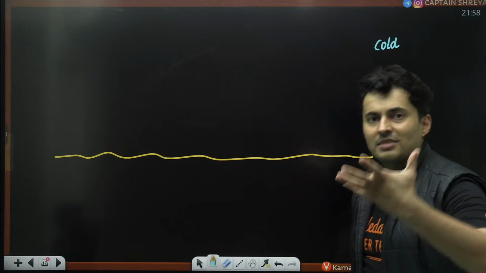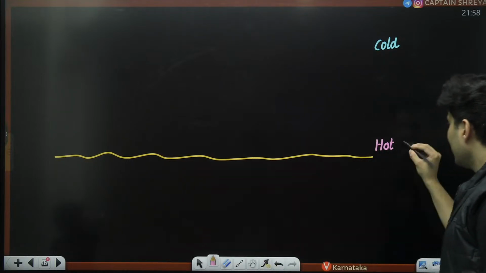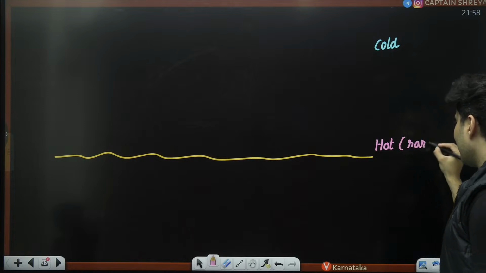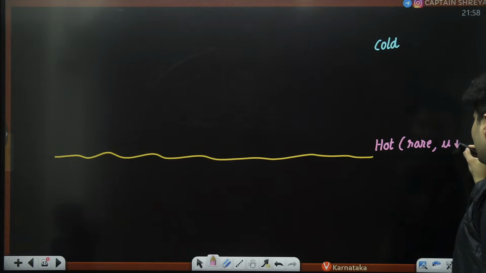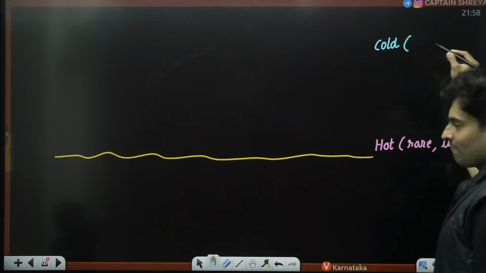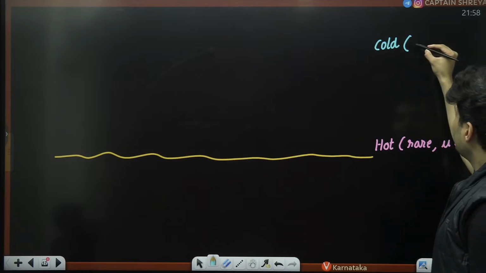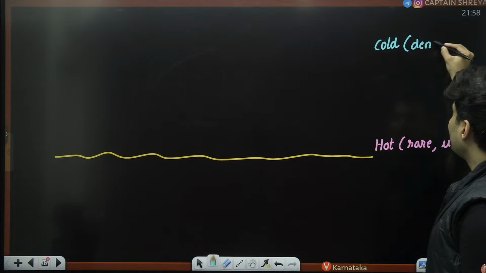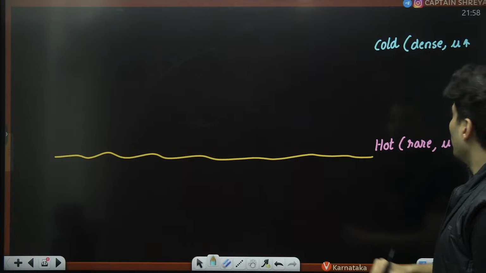And what is the difference between hot air and cold air? Well, the air which is hot is basically rarer. That means the refractive index is less. And the air which is colder is slightly dense air. That means the refractive index is more.